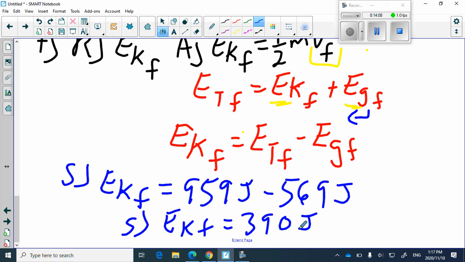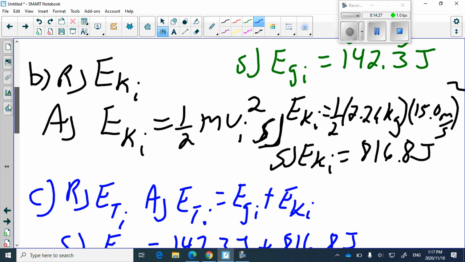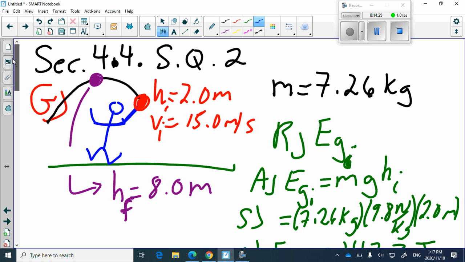What is the kinetic energy of the shot just as it strikes the ground? So this is a little bit different. Let's go back to our drawing. Here, the object started here, it went to the maximum height, and then it hits the ground.